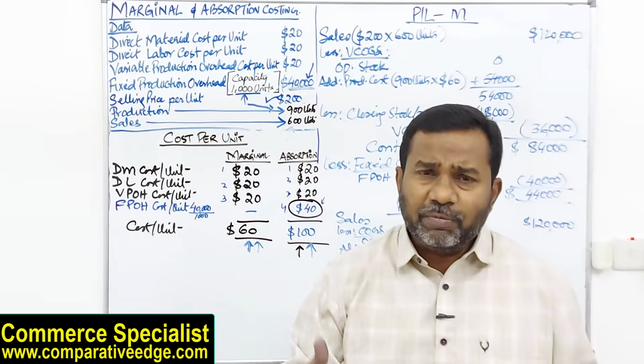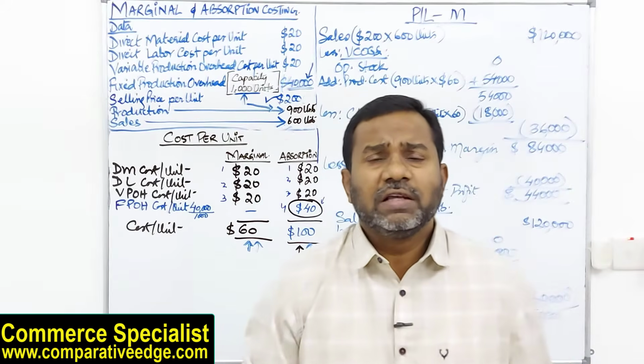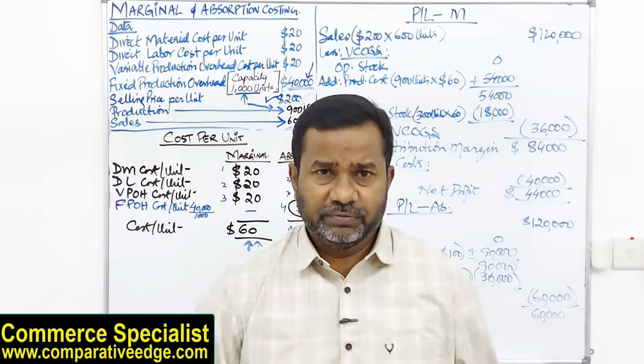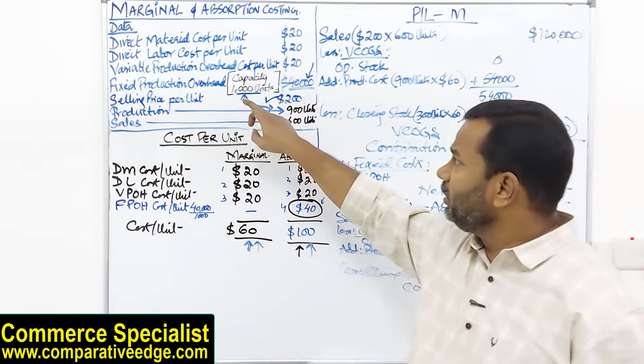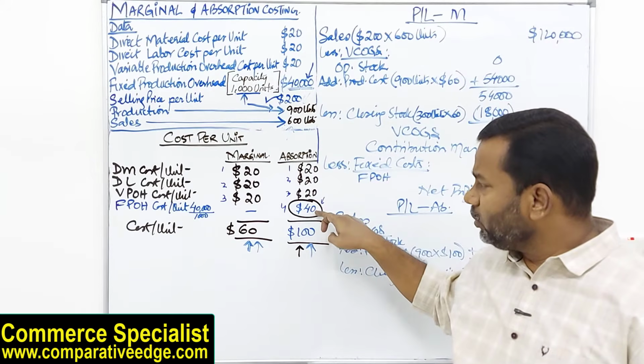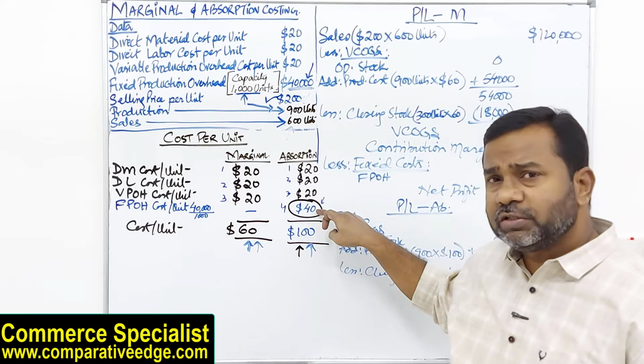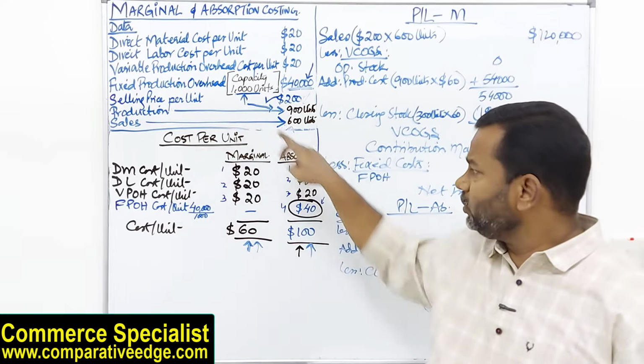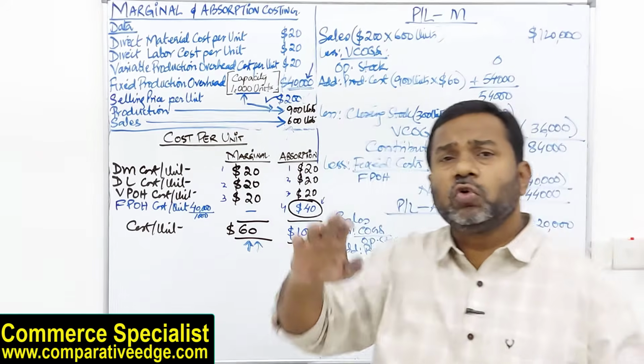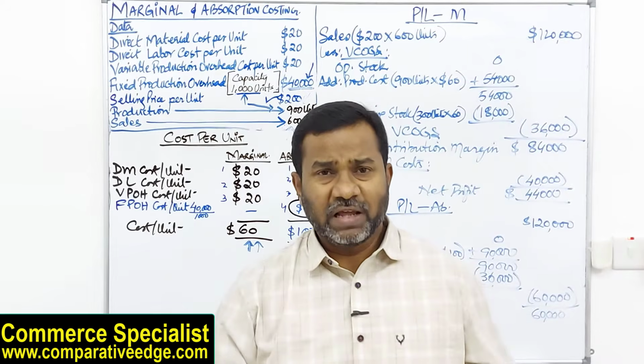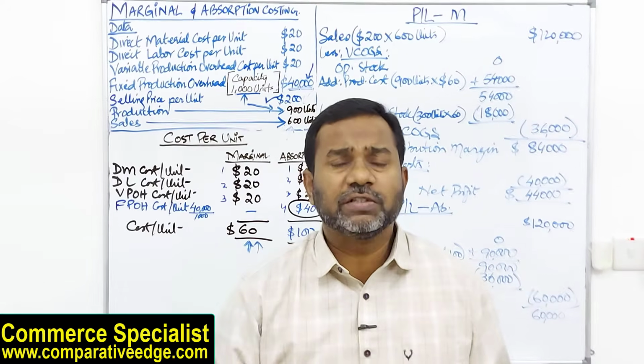And underutilizing capacity is known as underabsorbed overheads. So if we make 1000 units and sell, each unit will recover $40 for rent. So 1000 into 40, our rent will be totally recovered. That is the meaning of absorption, recovery of fixed cost.